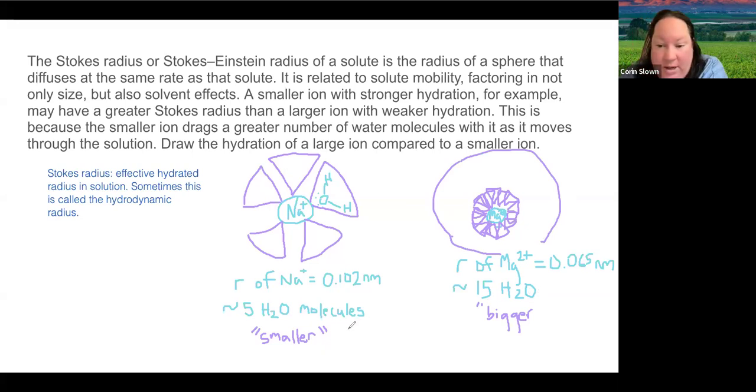So if we want to think about effective charge, what we can really say here is that an R that is 2+, relative to an R that's just +1, relative to an R that has a -1, relative to an R that has 2-.